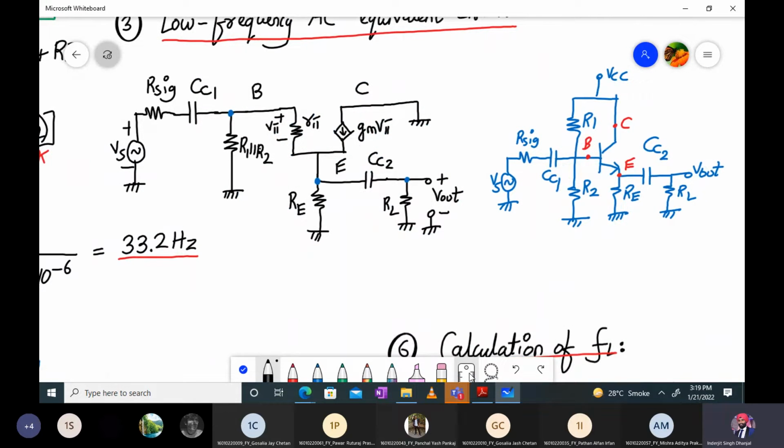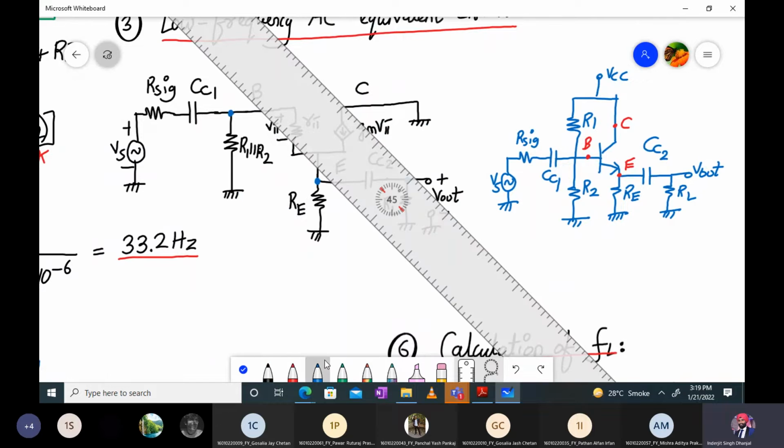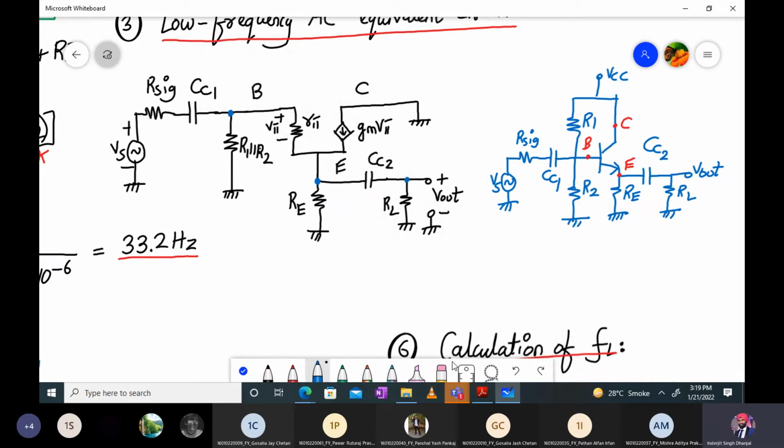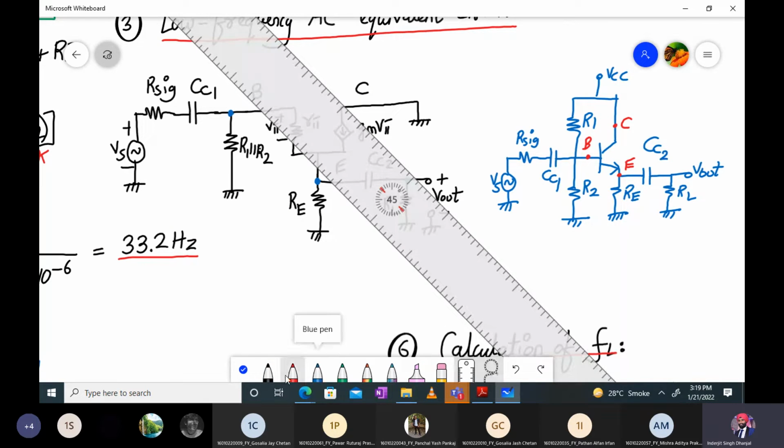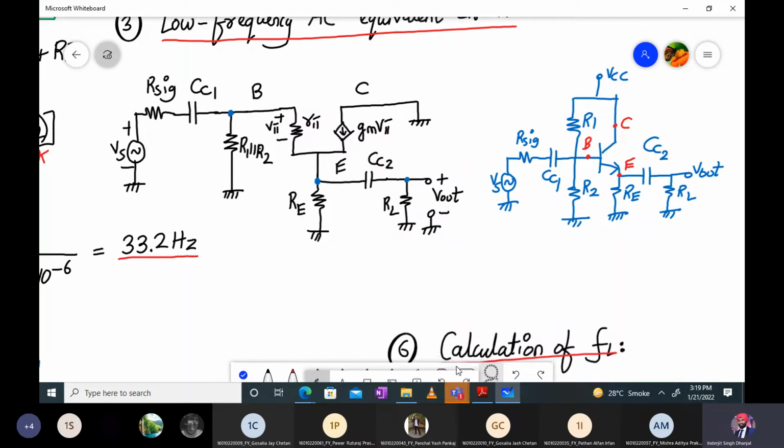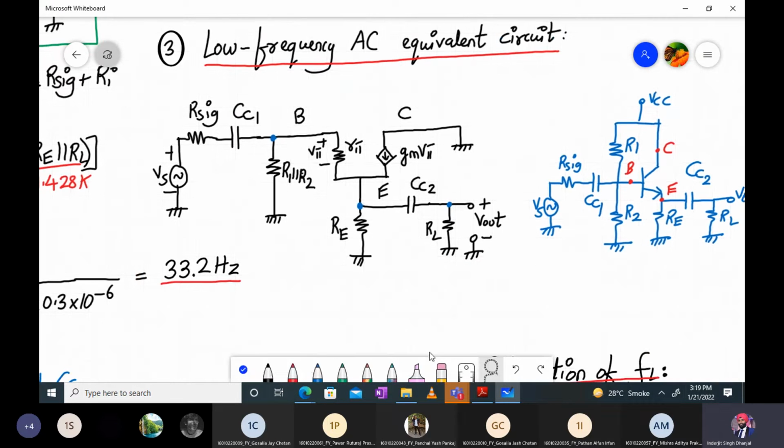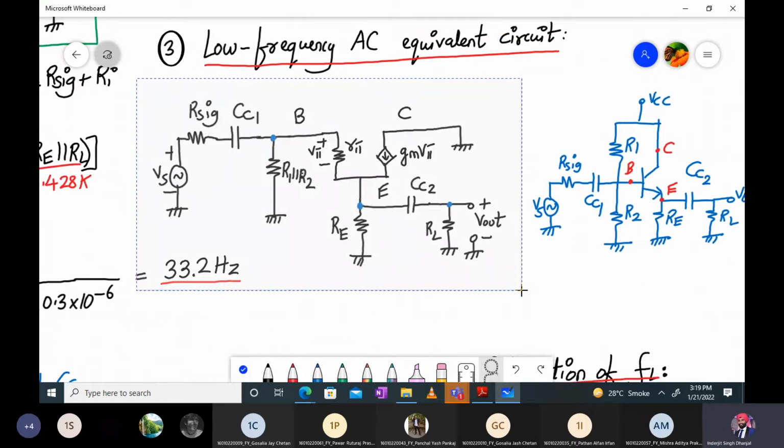Let me just copy this part. Let me cut this part over here. Just a minute. You all have to draw it over again. For the first time, you can draw it once.